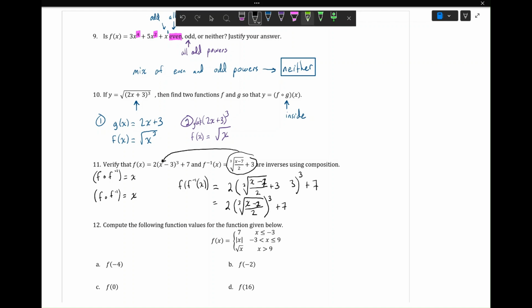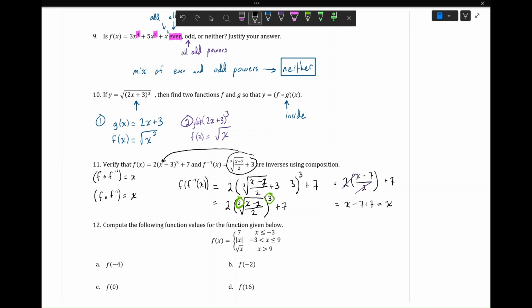We know that a cube root is designed to undo a cubic power. So those two invert each other, they undo each other, just leaving us 2 times x minus 7 over 2, plus 7. Those 2's divide out. They make a 1 multiplied on, so I have x minus 7 plus 7, which equals x.